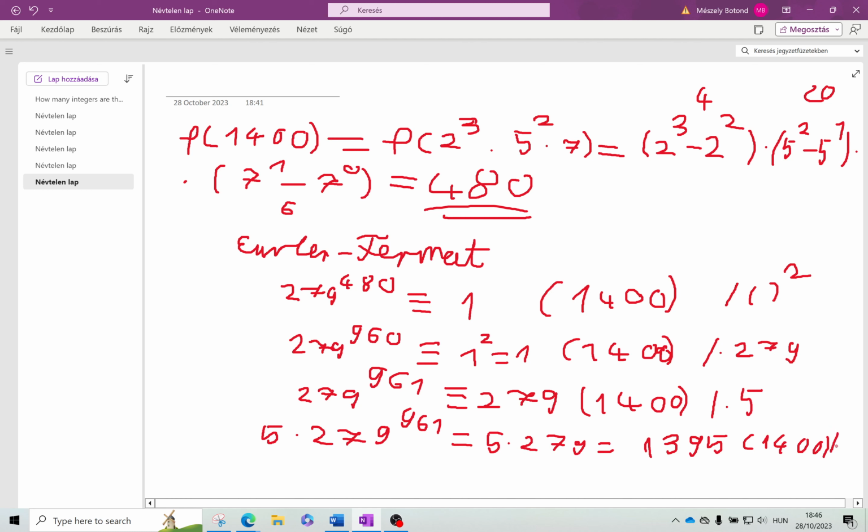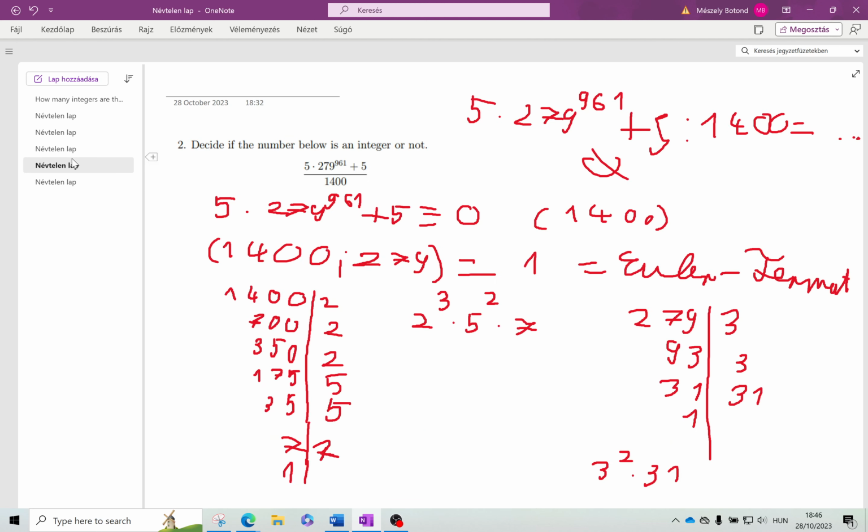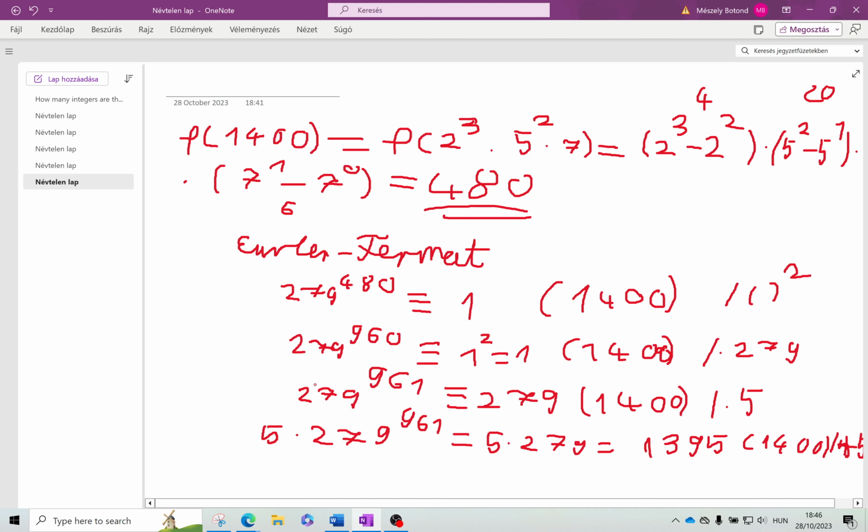And then we can add the +5, because obviously we want to make this one look like the original, which is this. So 5 times 279 to the power of 961 plus 5 equals 1400 modulo 1400, but 1400 modulo 1400 is 0, because yeah, there is no remainder when you divide a number by itself.